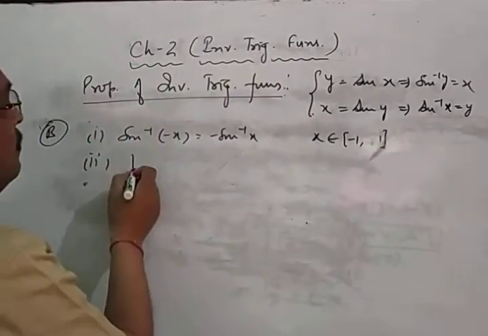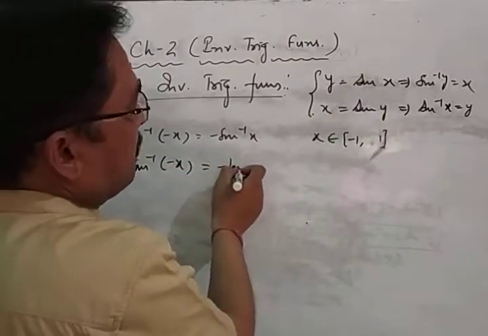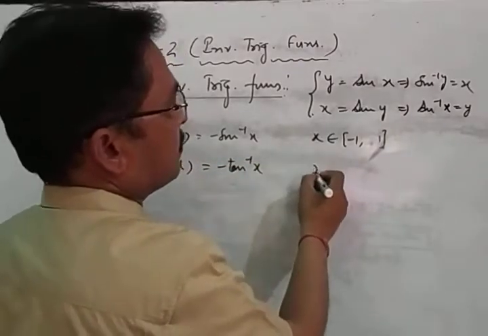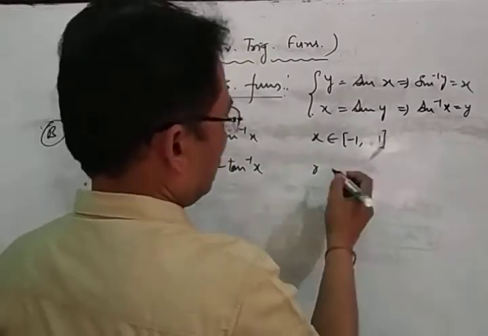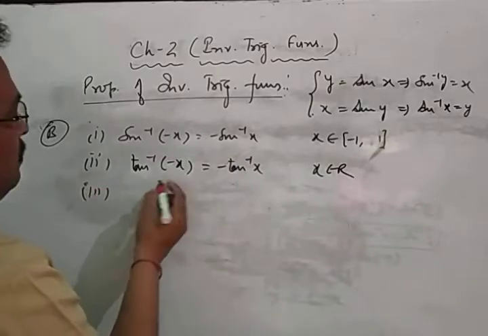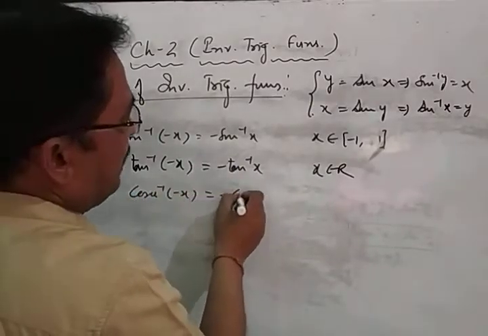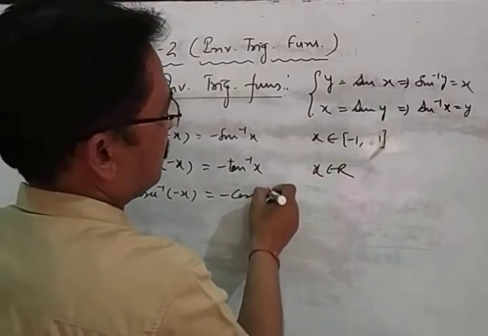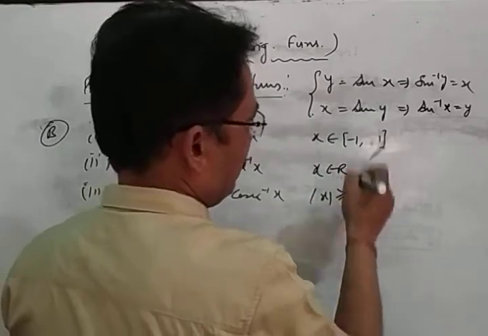Second, tan inverse of minus x is equal to minus tan inverse x when x belongs to R. Third, cosec inverse of minus x is equal to minus cosec inverse x when mod x is greater than or equal to 1.